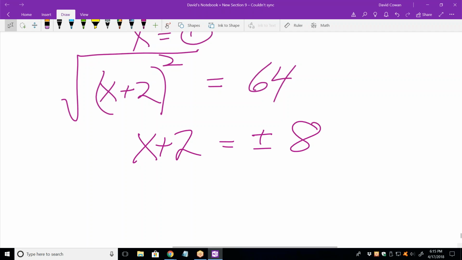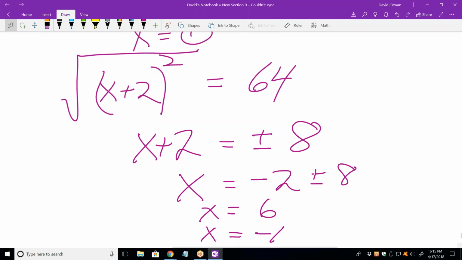So now I still got to subtract 2 from both sides. So here's my answer: minus 2 plus or minus 8. So what are my two number answers? If you translate it, it's 6 and negative 10. Yeah. Just wanted to make sure you knew exactly what that meant.